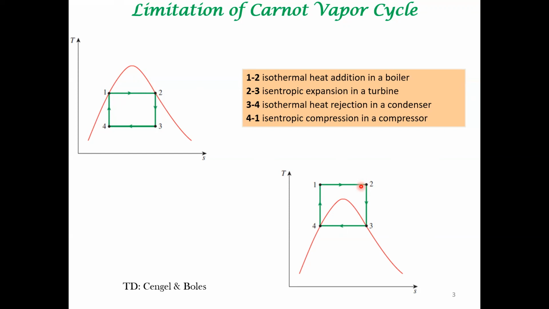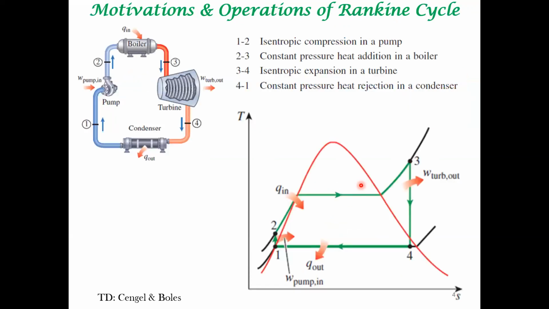Okay, so that's the only way you can do it isothermally. So these are not operationally convenient. So you want cycles that can overcome such limitations. And the Rankine cycle is a cycle that overcomes all these limitations of the Carnot vapor cycle.